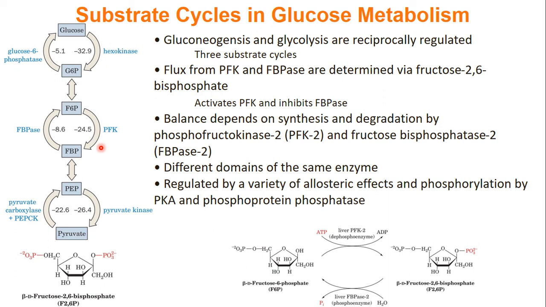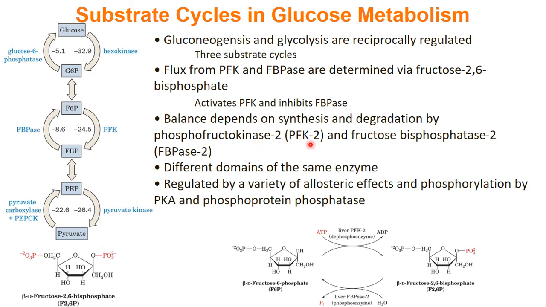Now, fructose 2,6-bisphosphate will activate PFK, so it will activate glycolysis, and will inhibit FBPase, inhibit gluconeogenesis.